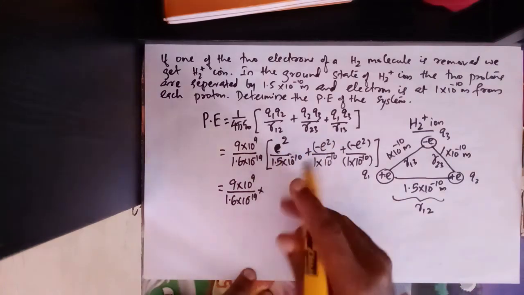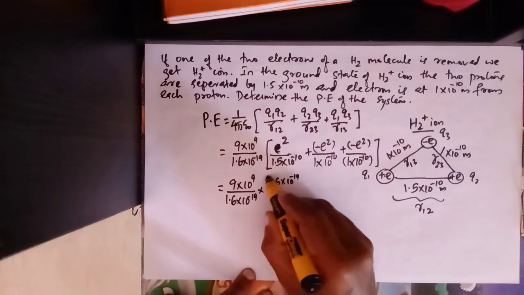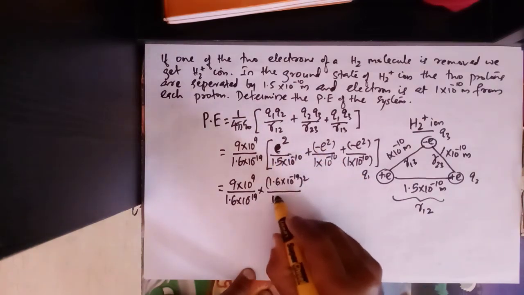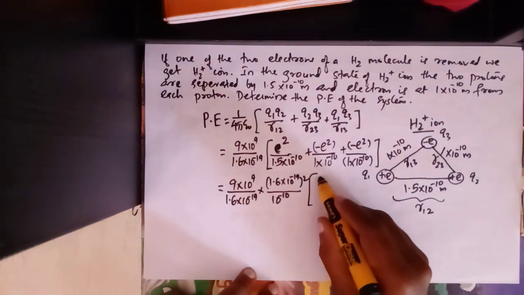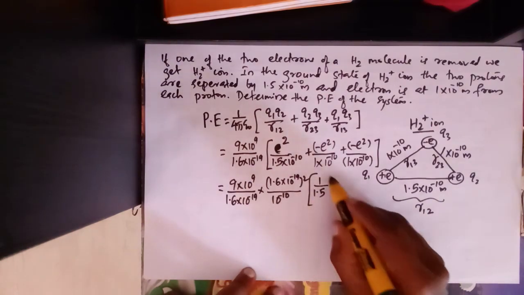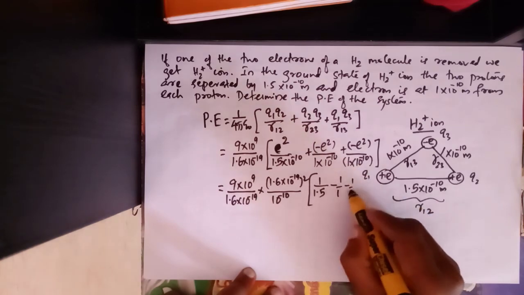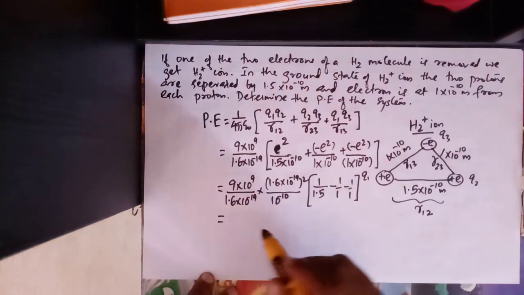We can take e square outside, where e square means 1.6 into 10 raised to minus 19 the whole square. Then the 10 raised to minus 10 in the denominator we can also take outside. What is left inside is 1 by 1.5, minus 1 by 1, and again minus 1 by 1.